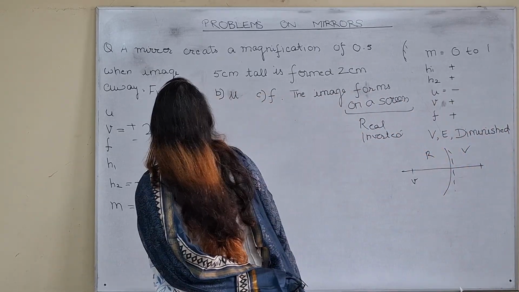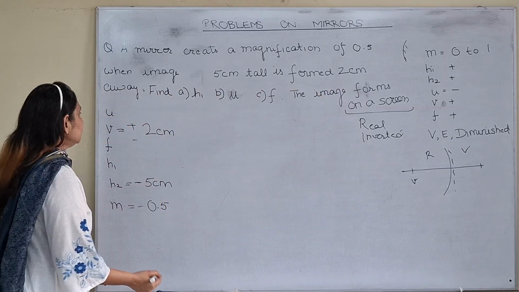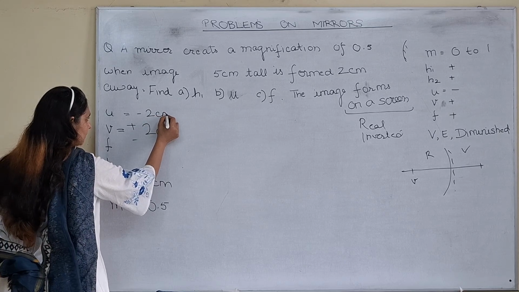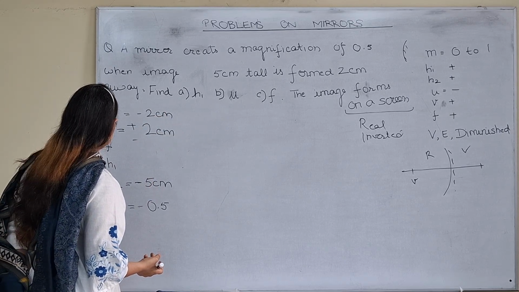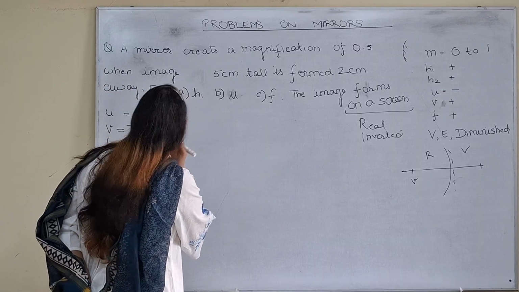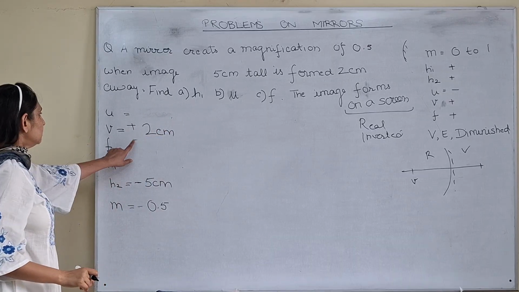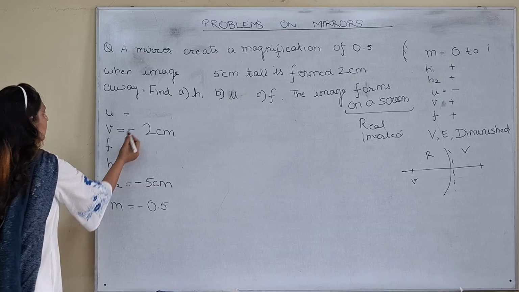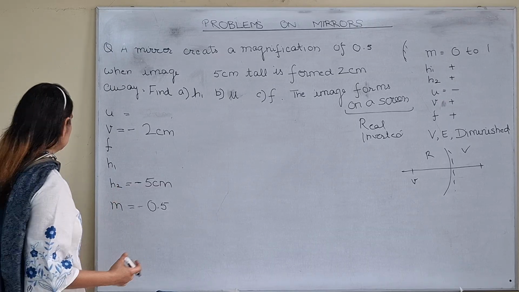So it's 2 centimeter away from the mirror, and U is always negative. So I can write everything is 2. No, wait. No, 1 second. This is not, the image is -2 now because it is real and inverted. Okay, now let's start solving. They have asked you 100 things.